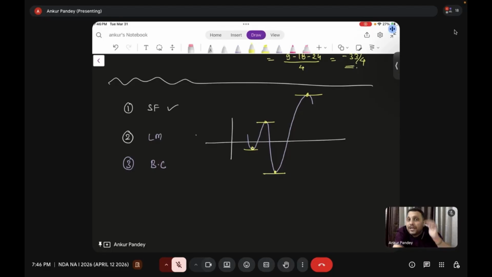Suppose there are two sections. From here to here is section A, and from here to here is section B. Understood? So you can see in the section A, there is a lowest and highest performer. Yes or no? Of its own.